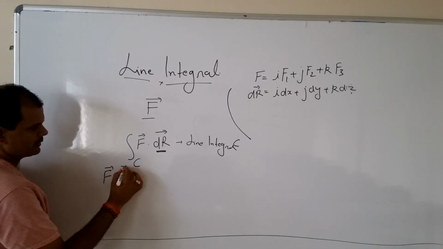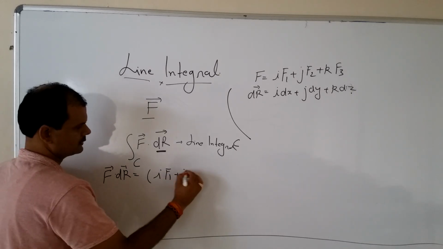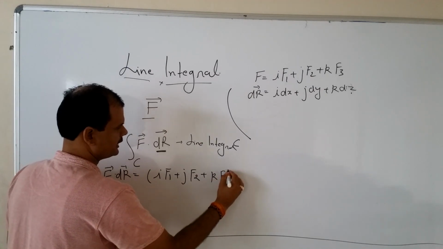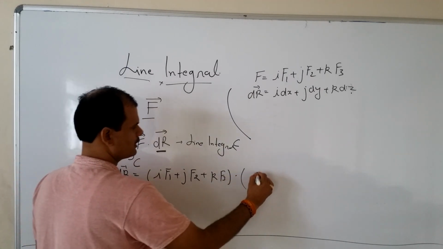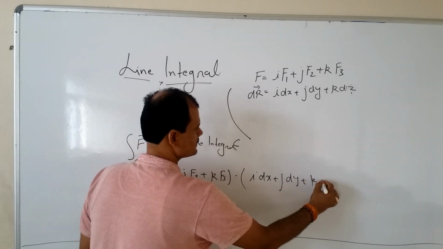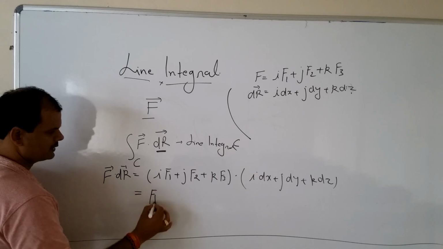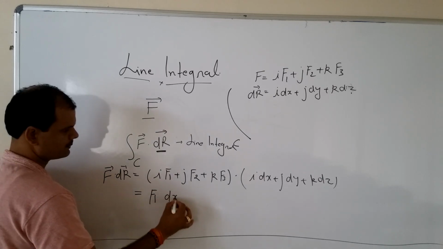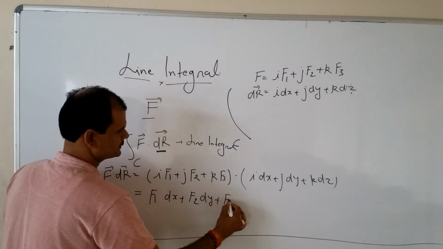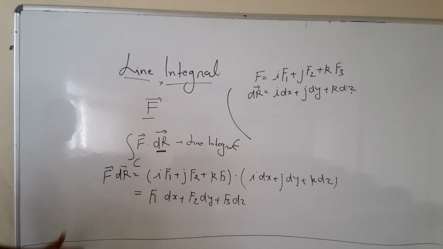F dot dr will be (i F1 plus j F2 plus k F3) dot (i dx plus j dy plus k dz). So this will be F1 dx plus F2 dy plus F3 dz.